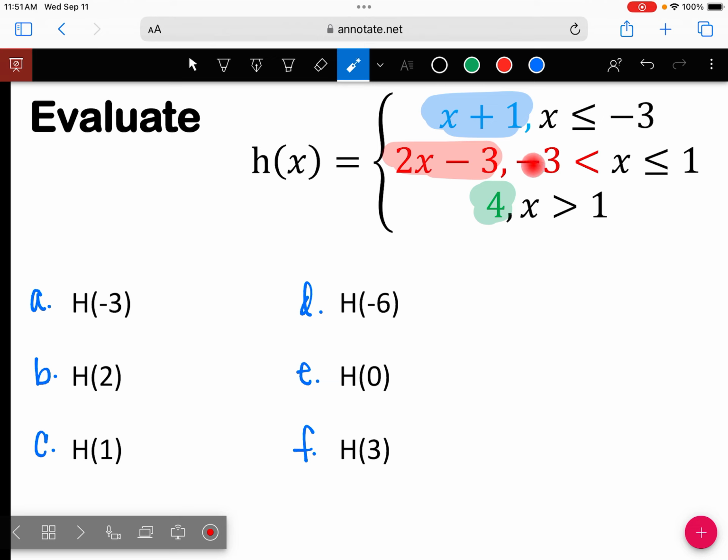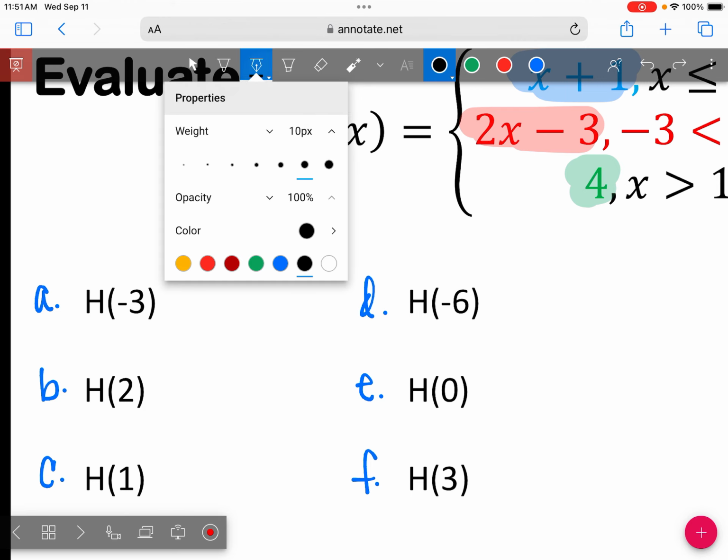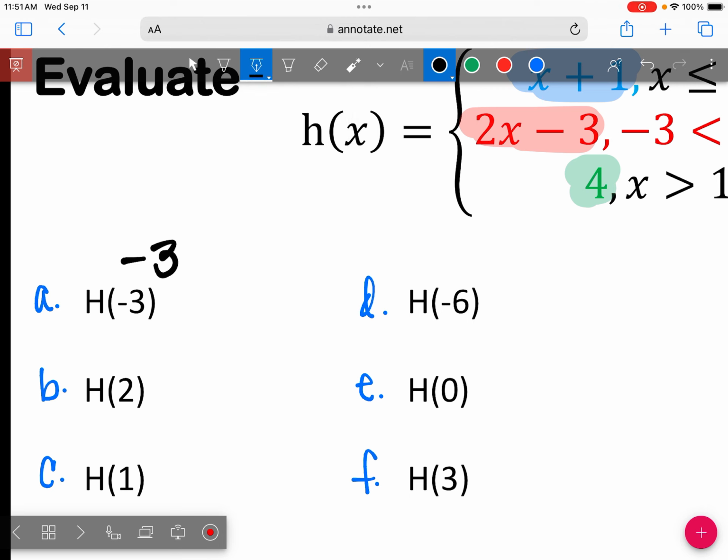We don't use this one because it can't equal -3. So we're going to take that -3 and substitute it only into this equation. So we're going to have -3 plus 1, and our answer would just be -2 for part A.